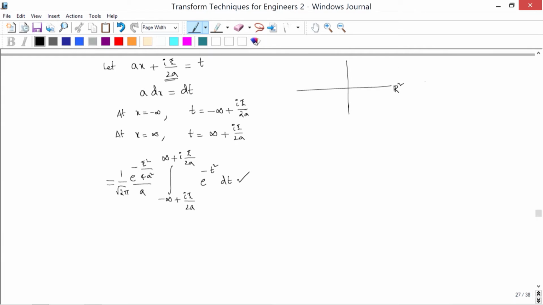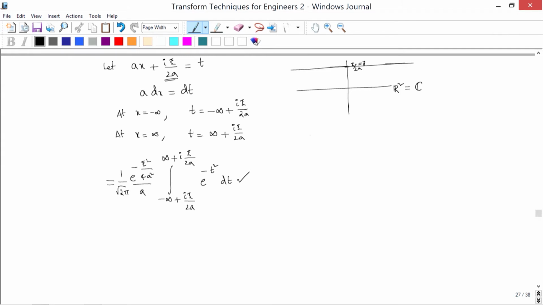In the real plane you have minus infinity to infinity, and in the complex plane you identify every point with C. So let us say if i xi divided by 2a is this one, y equal to this, and this is the line over which you want the integral.